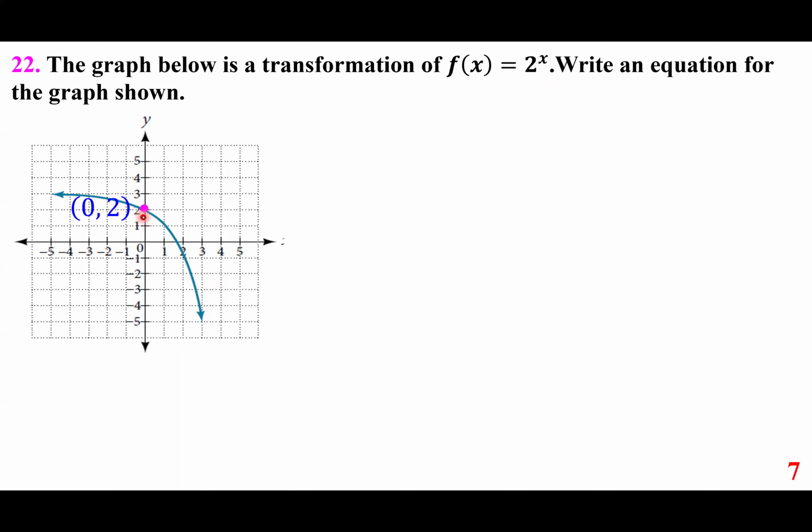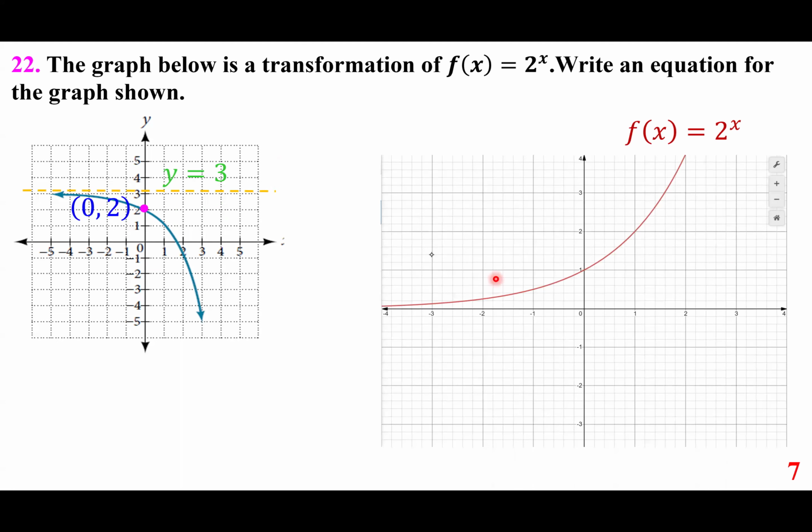That's one thing that we observe. There seems to be a horizontal asymptote with the equation y = 3. That's what we observe. We also know the function f(x) = 2^x looks like that. This may not be to scale, but generally speaking, that's the case, where this one obviously is (0, 1).